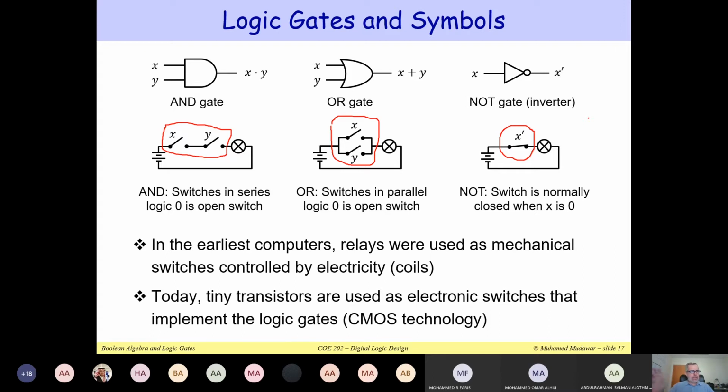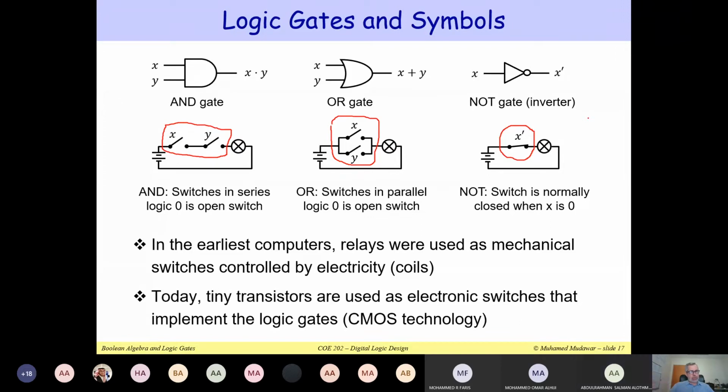So the output here, for example, can be a small light bulb, and therefore the light bulb is going to turn on when X is equal to 0. So when the input X is equal to 0, the output is 1. However, if you apply a voltage at the X input, this is going to open the switch. So the switch is normally closed when X is equal to 0. And when X is equal to 1, this is going to force the switch to open, and therefore there is no current passing through, and therefore the output will be 0. The light bulb will be off.